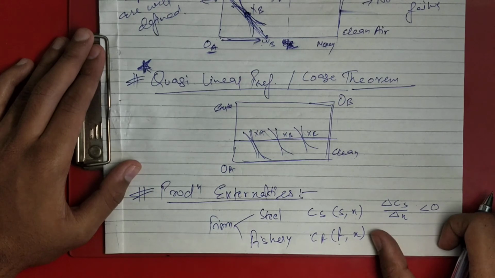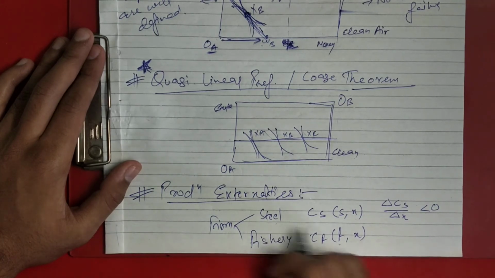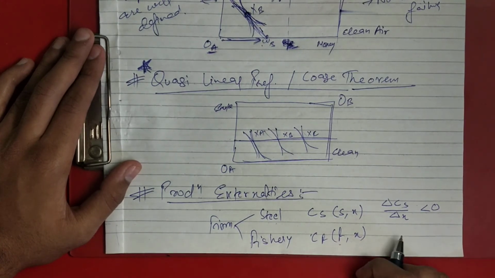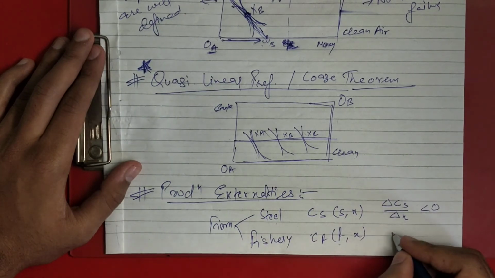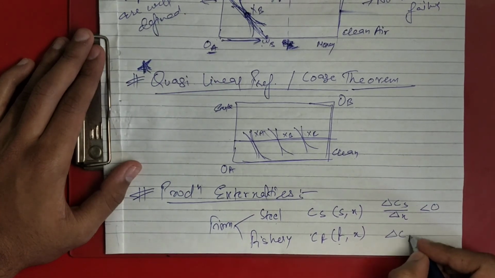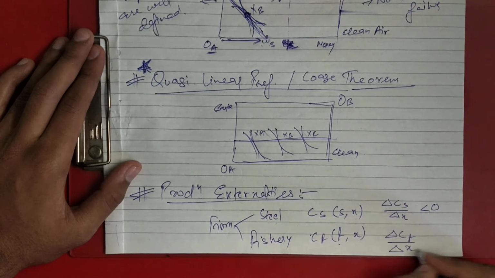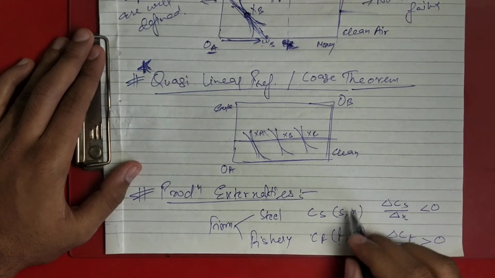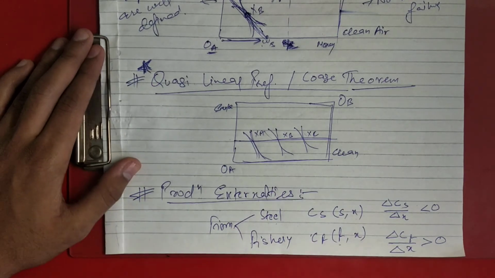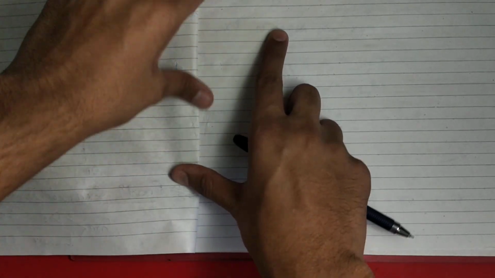Similarly, the pollution they are creating is thrown out in the river, which is affecting the fish. The fish are dying due to the pollution created by the industry. So from the fishery's point of view, it will be greater than zero. Their cost increases as the pollution increases. Now we will see the profit maximization function for the steel and fishery firms.